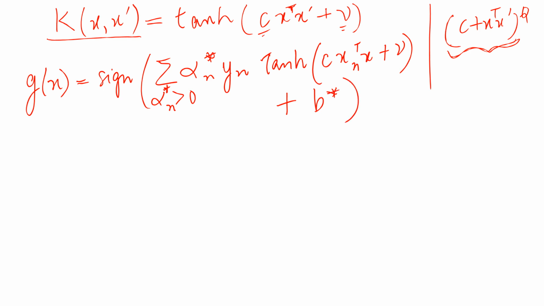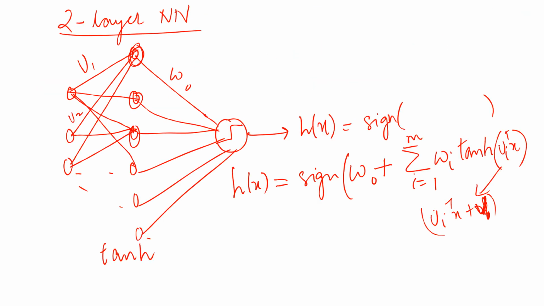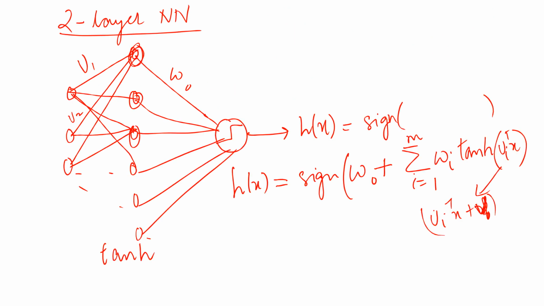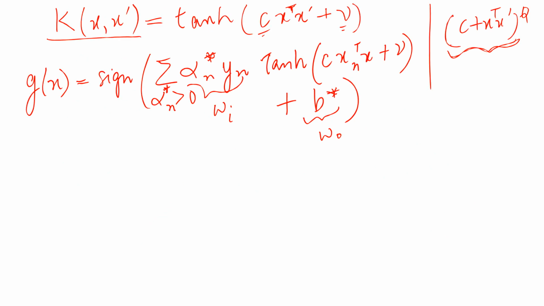So how is it very similar to what we just saw here? Well, we can draw analogies just like we did with the RBF network. This term here is my w i's, and this is my w0. There is no second thought about that, because this acts like a bias, and that's exactly what my b star is doing here. Now what remains is this tanh term.